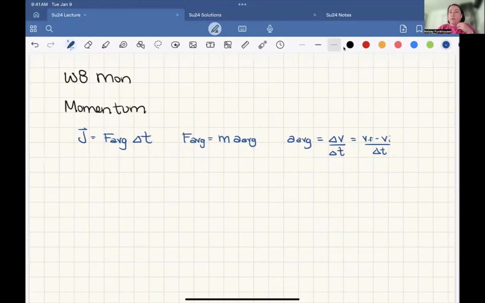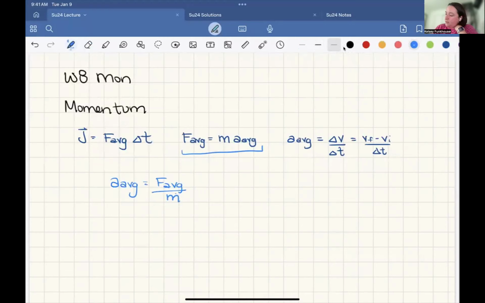Now we want to solve this equation for the average acceleration. Average acceleration is just the average force over the mass, mixing up the part, over the mass.